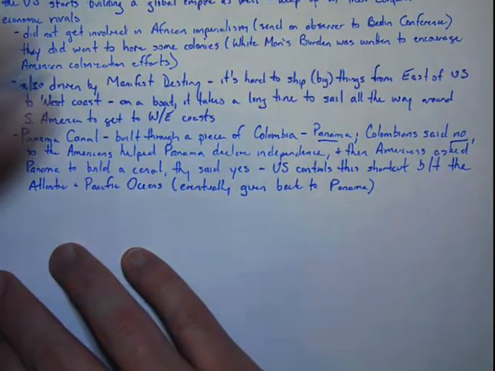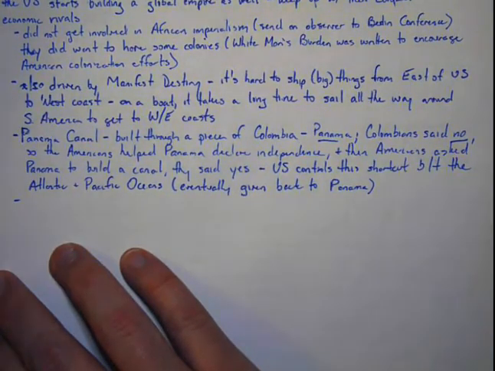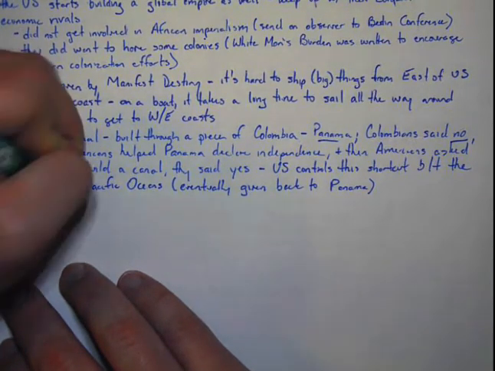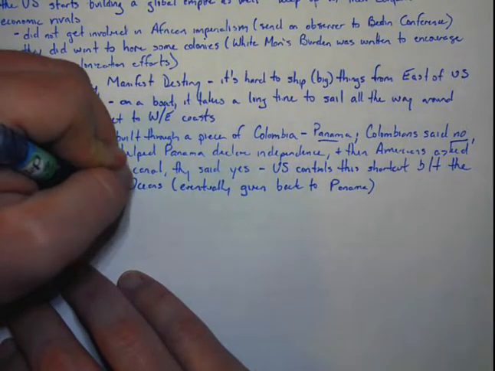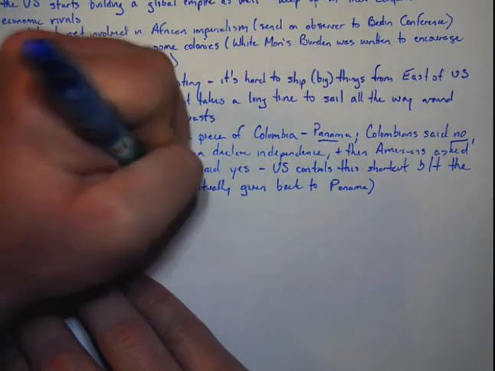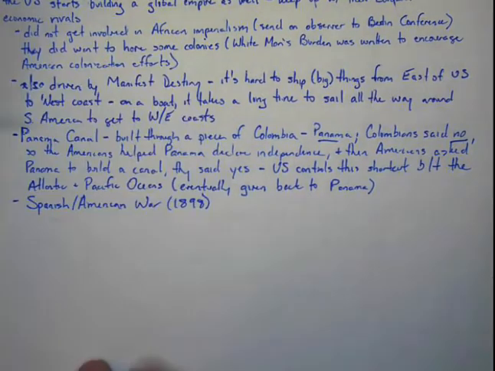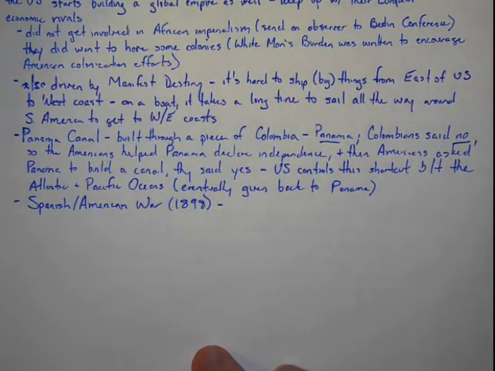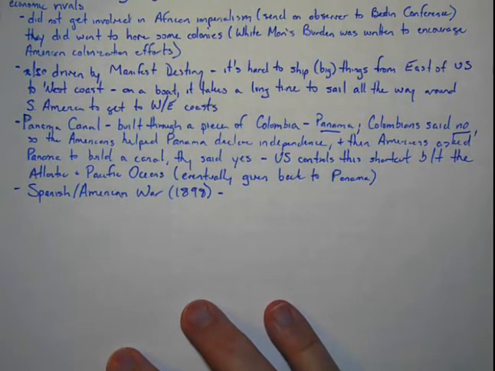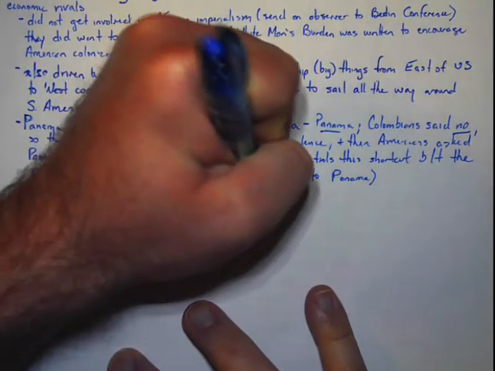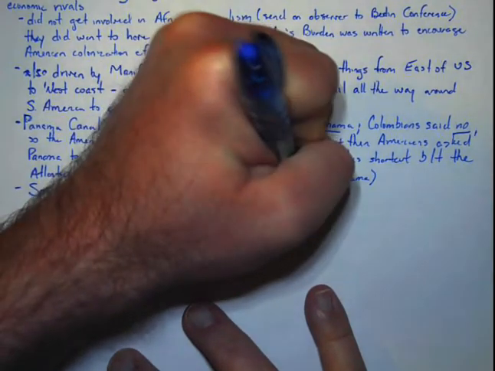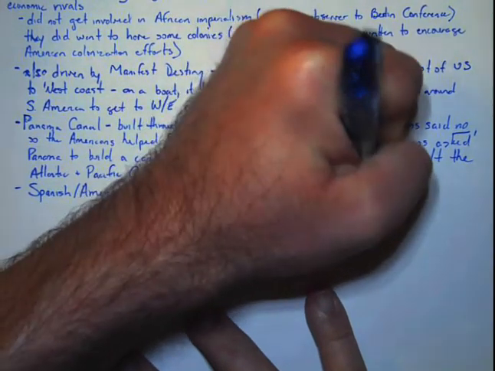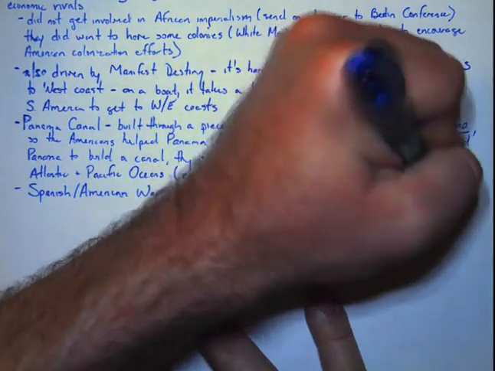The other desire for overseas colonies occurred with the Spanish-American War in 1898. So the idea behind this war was that the United States wanted to get into the Cuban sugar market.